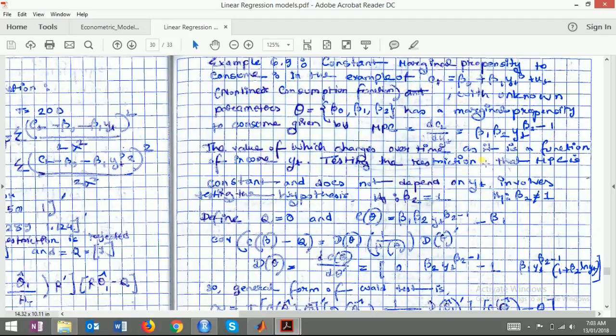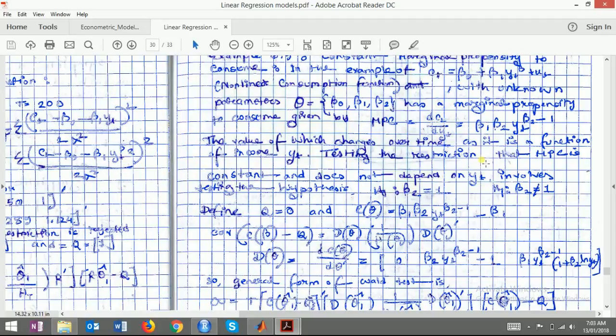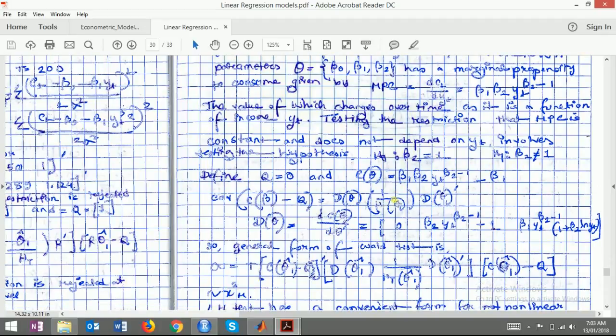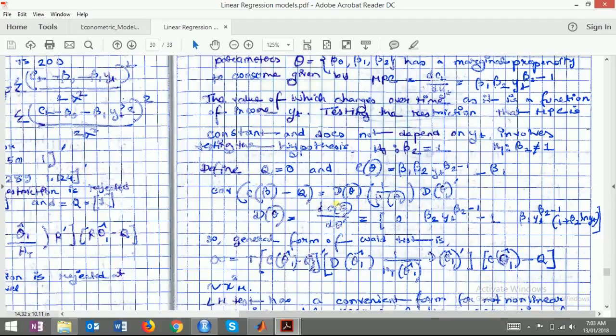Testing the restriction that the marginal propensity to consume is constant and does not depend on y_t involves testing the hypothesis: null beta 2 equals 1, alternative beta 2 not equals 1. Define q equals 0 and the marginal propensity to consume function as beta 1 beta 2 y_t beta 2 minus 1 minus beta 1. The covariance of g(theta hat) minus q equals dg over d theta transpose times negative inverse Hessian times dg over d theta.